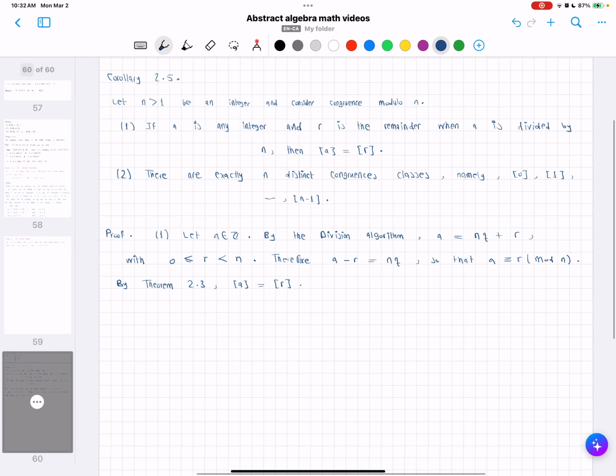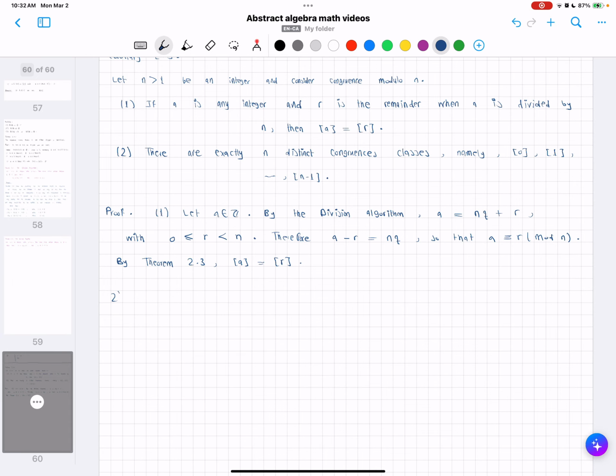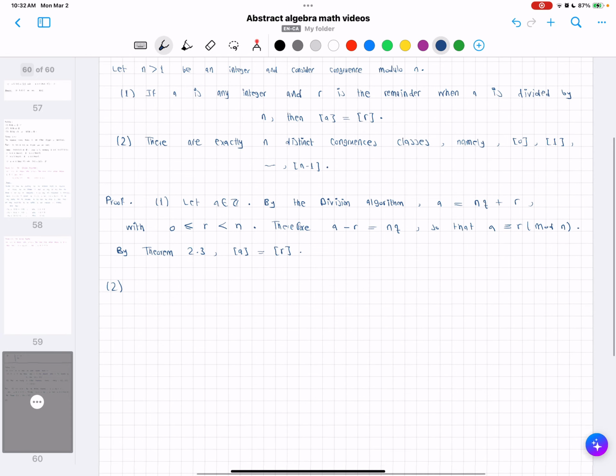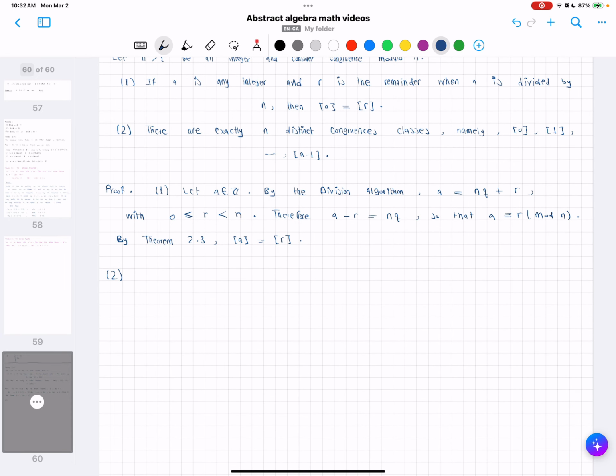All right, so that's one. And second thing, we consider all the following classes. We found out that the class of a is equal to the class of r, where r runs between 0 and n minus 1. So we have to show that those things are distinct.